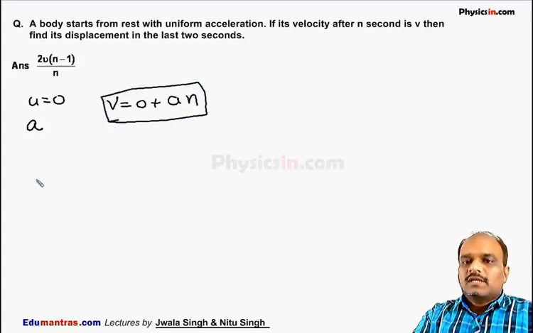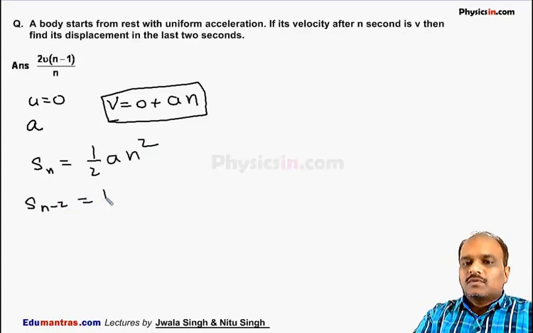The displacement in the last 2 seconds can be calculated as the displacement in n seconds, which is equal to 1 by 2 a into n square because u is 0, minus the displacement in n minus 2 seconds, which is equal to 1 by 2 a into n minus 2 square.